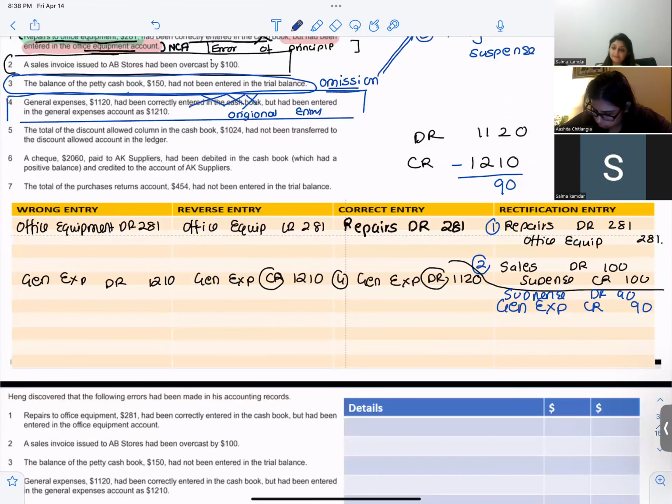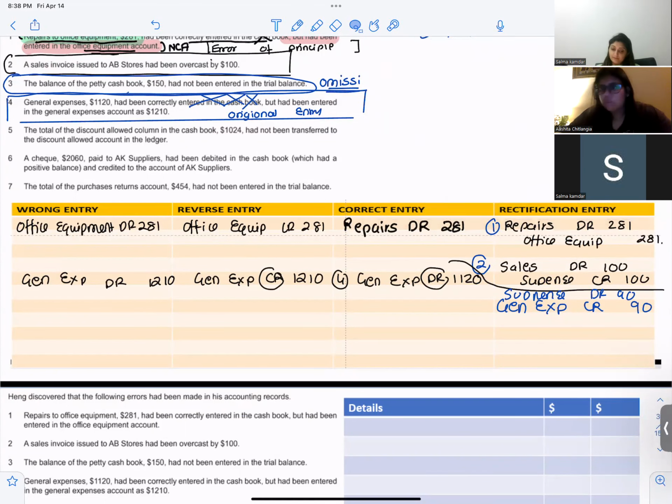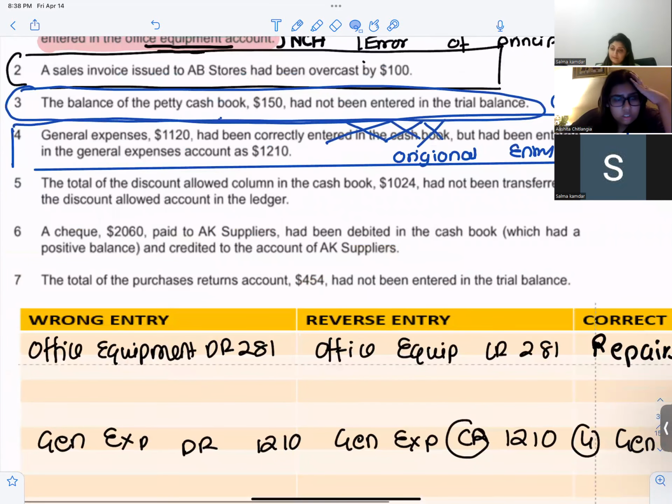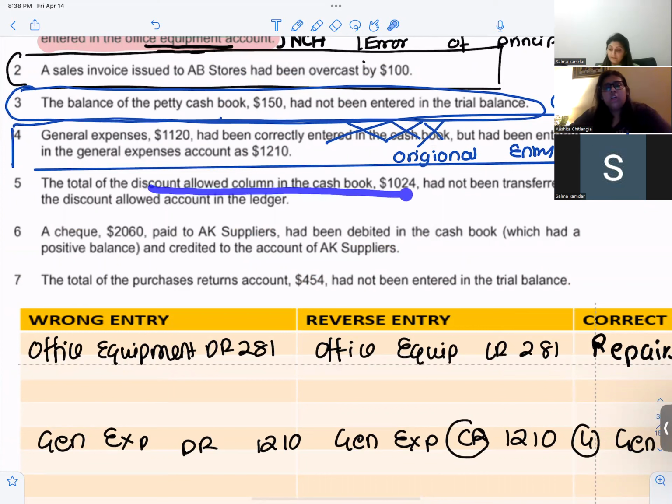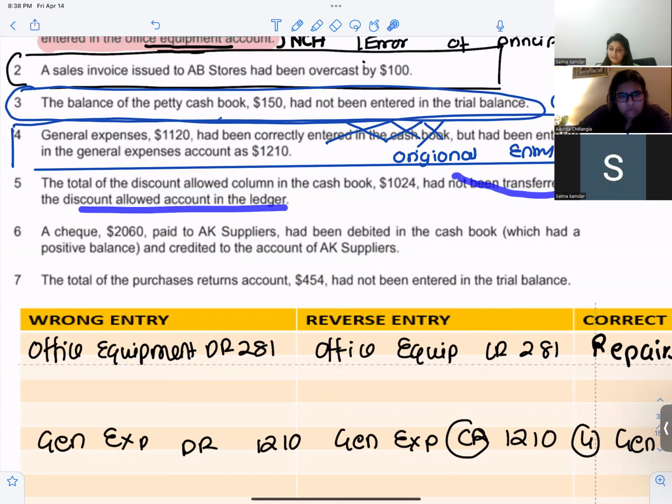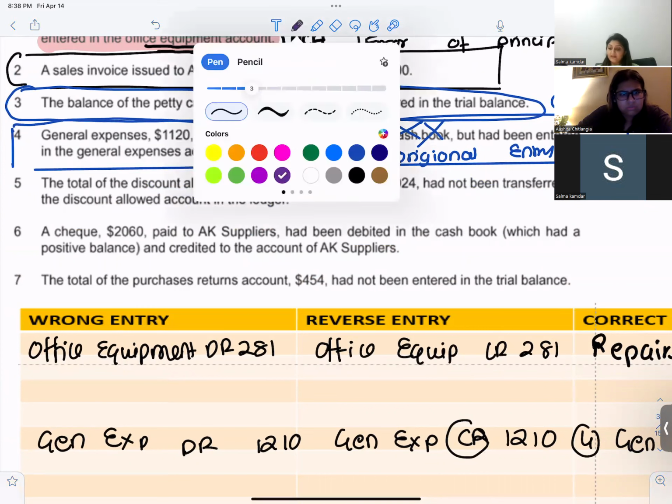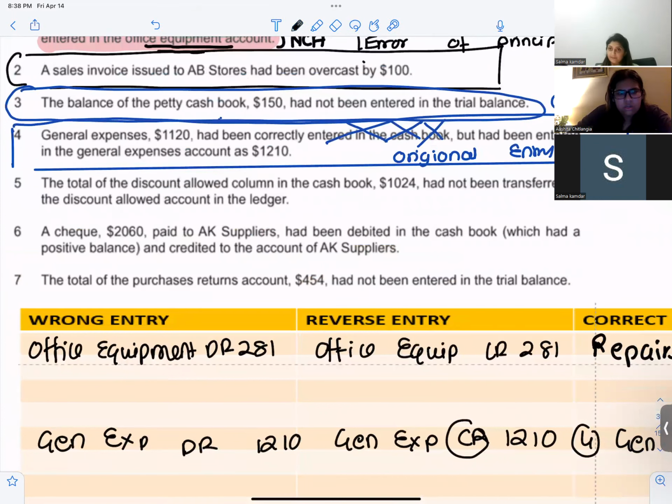Read the next one. The total of the discount allowed column in the cash book, $1024, had not been transferred to the discount allowed account in the ledger. Which error is this?